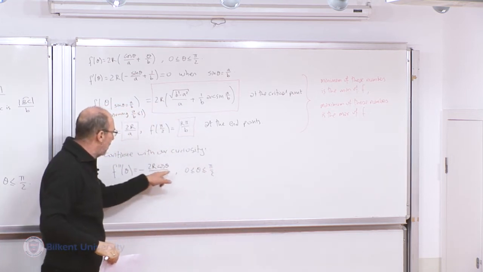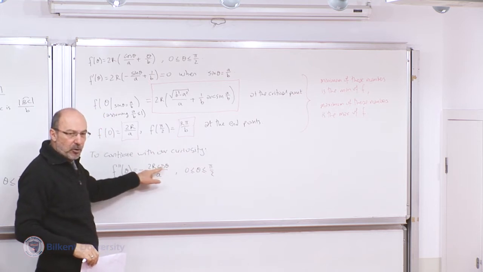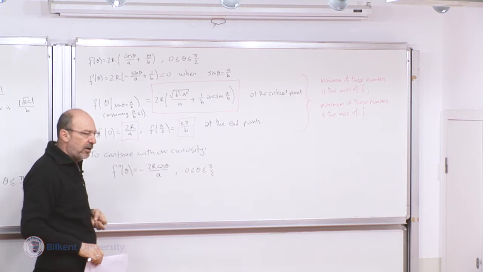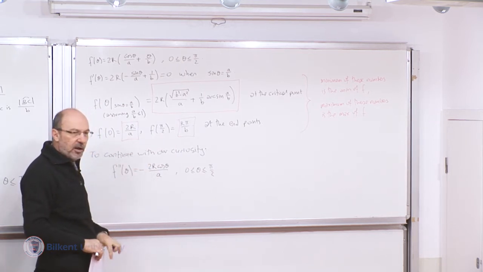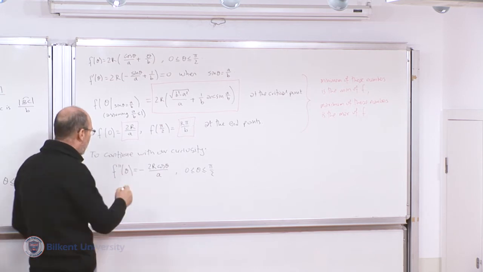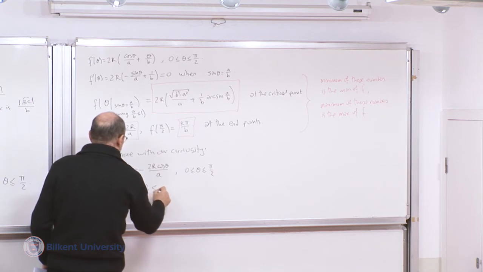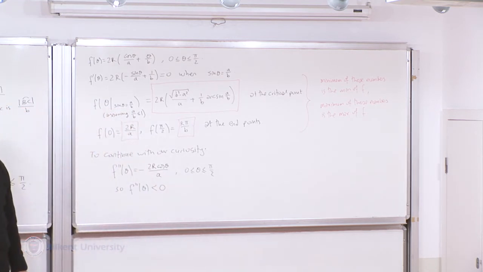I need this. So in this range, cosine theta is positive. At the end it is 0, but it is never negative here. 2r over a is positive, so the second derivative is negative here. So it means the graph of the function is concave down.